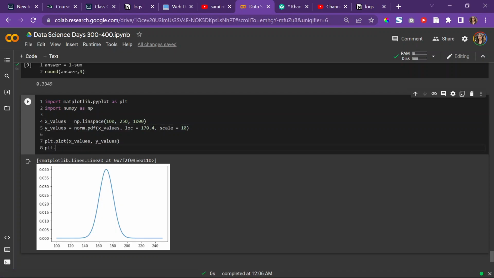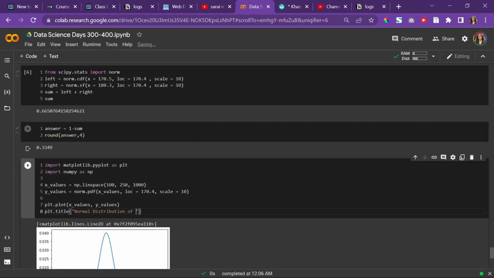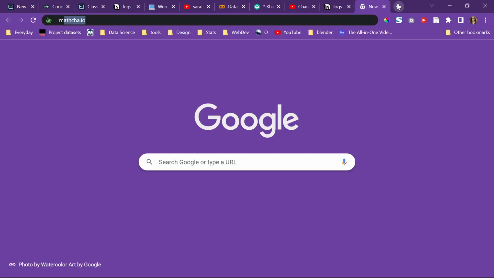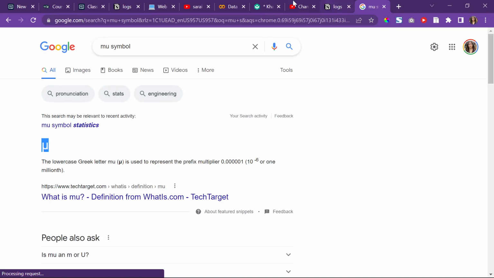And then I like to add a title. So plt.title, I'm going to call it normal distribution of college students' heights, with the mu and the sigma being their respective values. So the mu symbol, we're just going to grab that there.